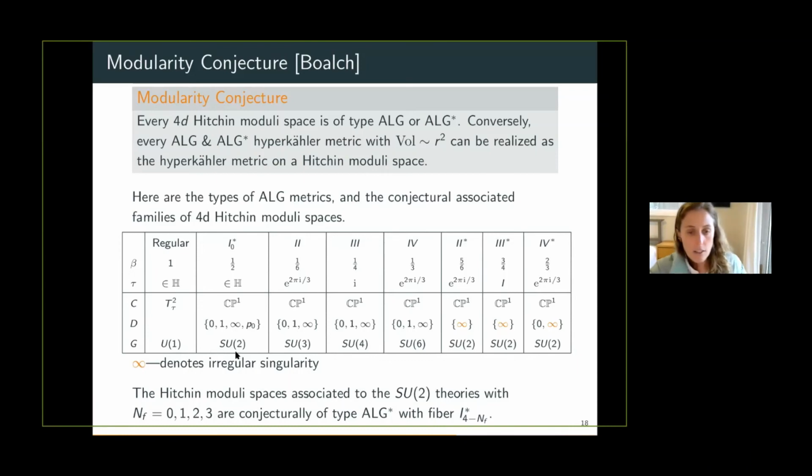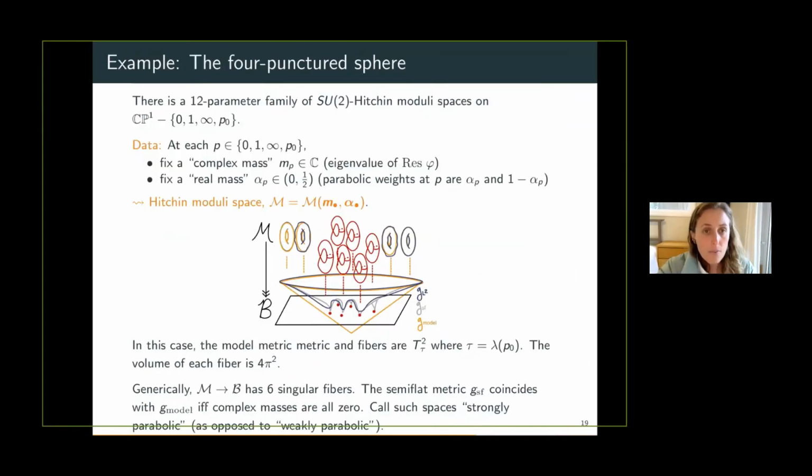And so the hope would be to show that these actually coincide and line up. Also in this example, I can show more explicitly what this semi-flat metric is, what GL2 is, and what this G model is, and how they all differ.